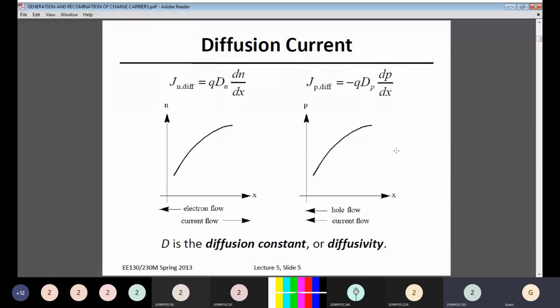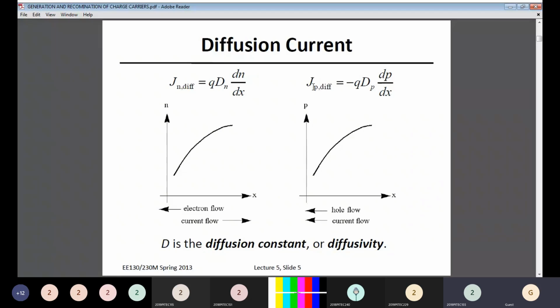And this is the equation for the diffusion current. The diffusion current density is denoted by J. So Jn diffusion is equal to Q Dn dn by dx, where capital D is the diffusion constant or diffusivity of the n-type region. Here Jn denotes the n-type material or n-type region, where electrons are the major charge carriers.